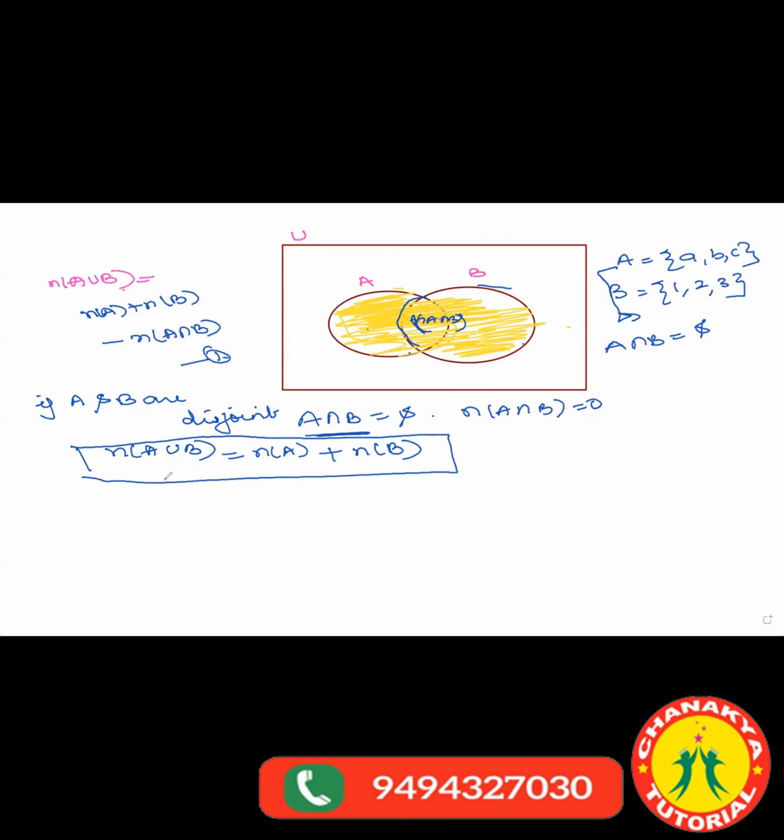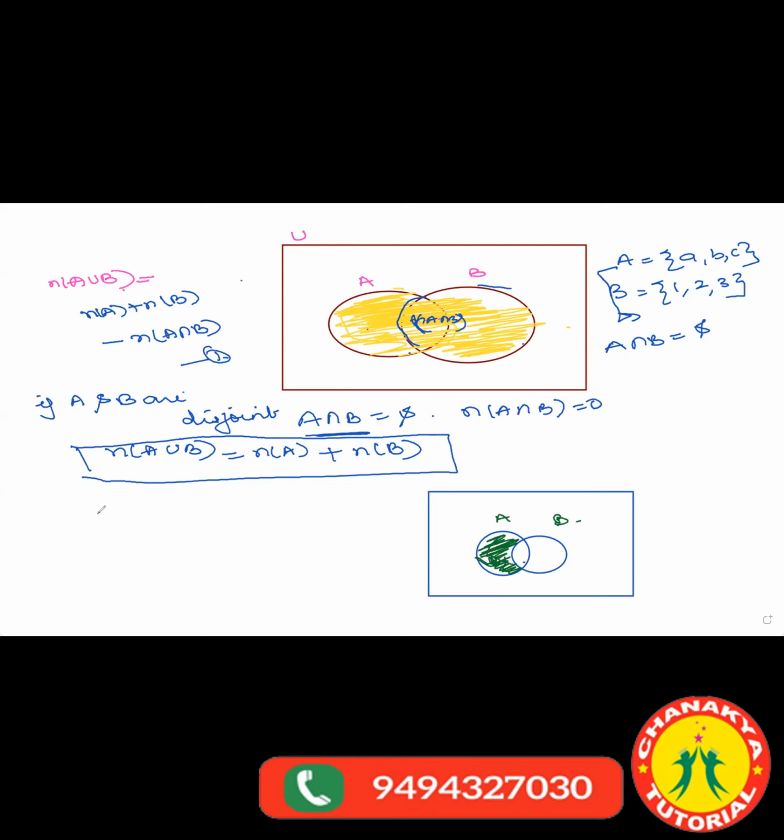Now next comes A minus B. Now this is any set A and B. This is your set A and this is set B. Now this is your A minus B set, the green shaded one.